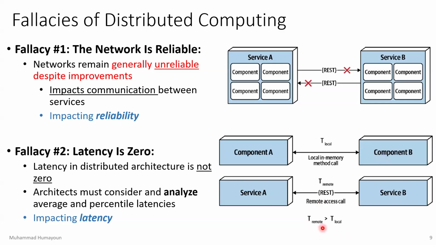So that is the second fallacy, that latency is zero. Latency is never zero. Architects must consider and analyze average and percentile latencies because these things can impact how much time it takes.